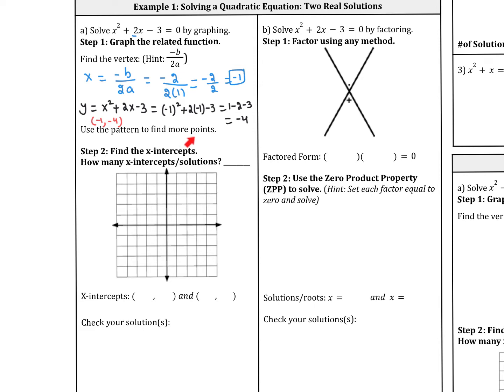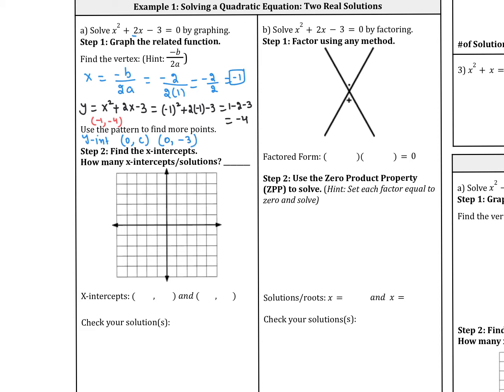The first point we're going to find is the y-intercept. To find the y-intercept, you just pick up the c, because the y-intercept is 0 comma c. Here we have c as negative 3, so my point is 0 comma negative 3.